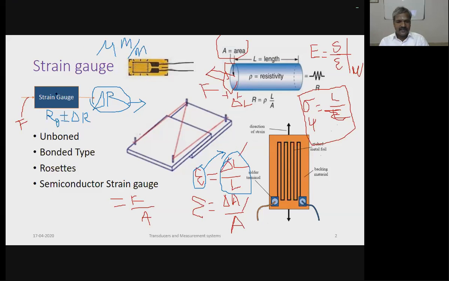Let us move to the basic types of strain gauges. What are the types of strain gauges? We mostly concentrate on the unbonded strain gauges. So this is one type of unbonded strain gauge.